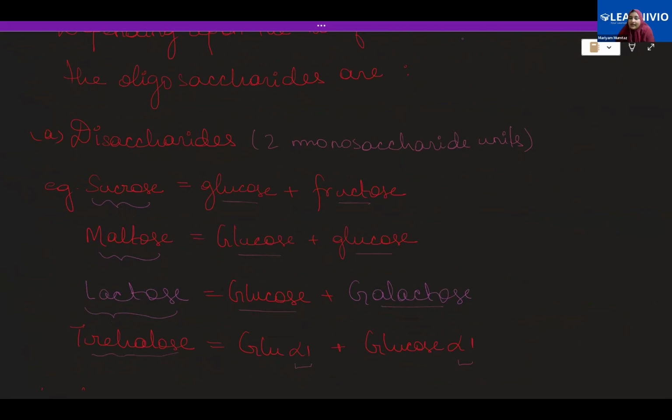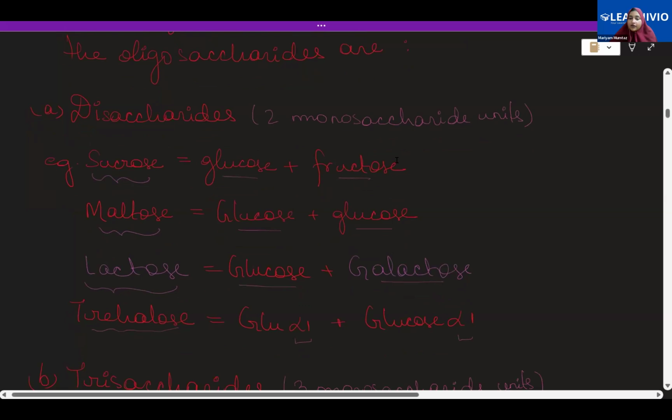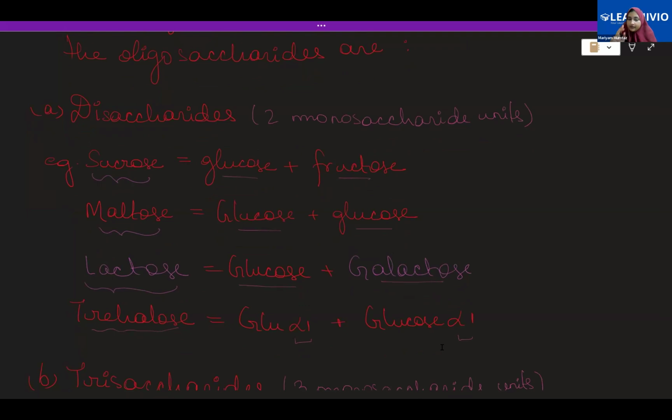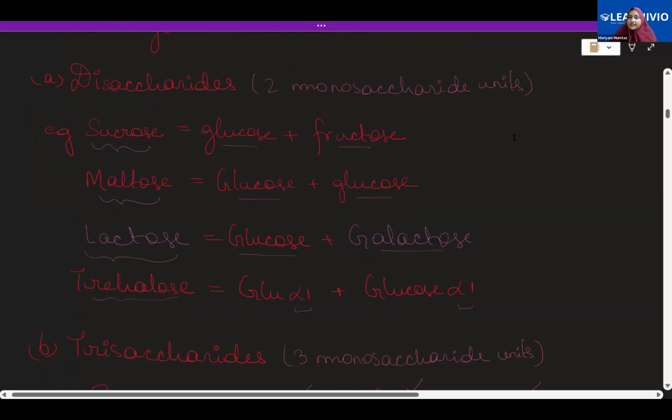Maltose is made by the condensation of glucose and another molecule of glucose. Then we have lactose, which is made by the condensation of glucose and galactose. Lastly, we have trehalose, which is made up of glucose alpha 1 and glucose alpha 1. Again two molecules of glucose joined together, but through the alpha carbon, the first carbon. Clear, students? These are the various examples of disaccharides.